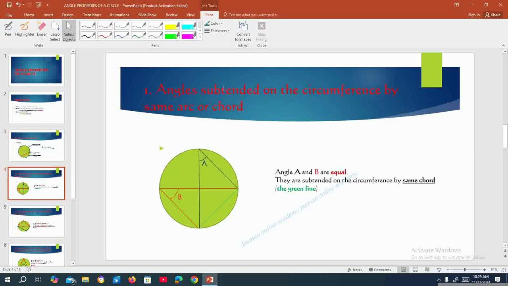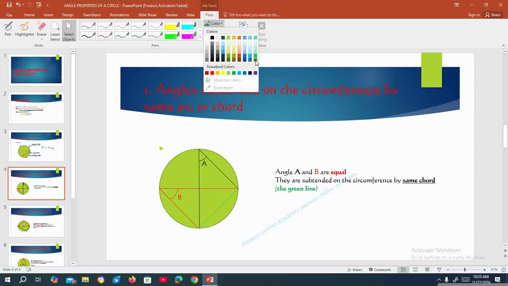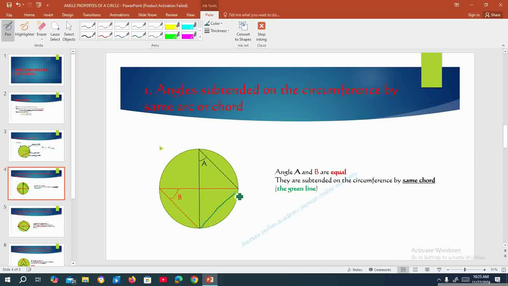Angles subtended on the circumference by the same arc or the same chord. So here we have this chord, the one that is painted green.